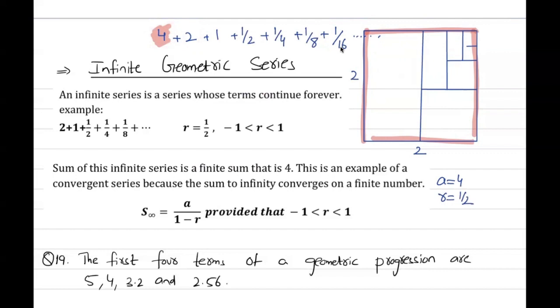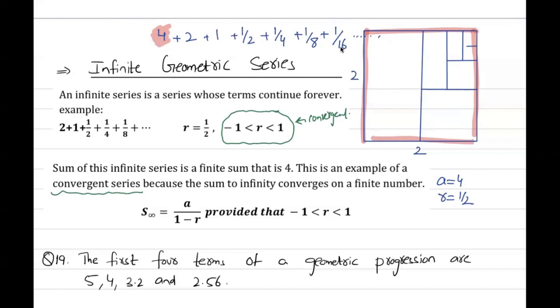Now please remember that in a geometric series, when the common ratio is between -1 and 1, this series is called a convergent series, which simply means that its sum is going to converge to a value.